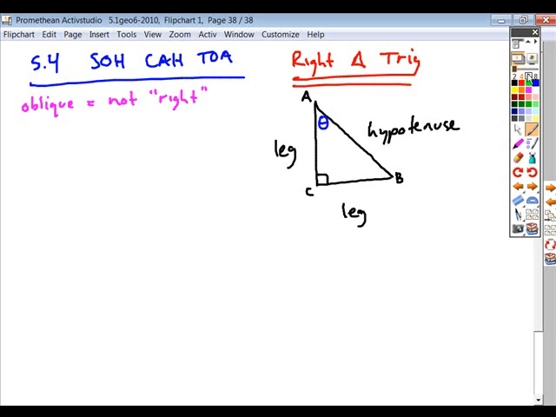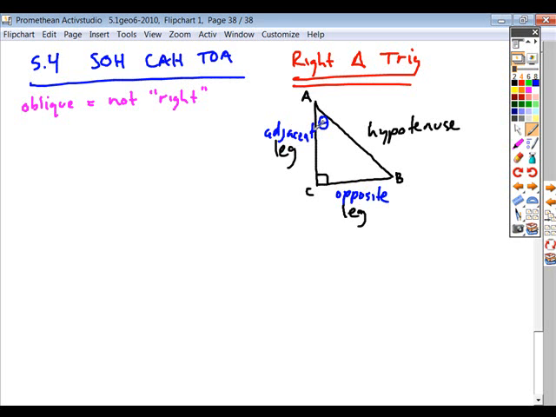When you're looking at, let's say, angle A, which is labeled theta here, with respect to this chosen angle, the legs will also be further classified based on their relative position to that given angle. So one leg is going to be opposite the given angle, and one leg is going to be adjacent to the given angle.